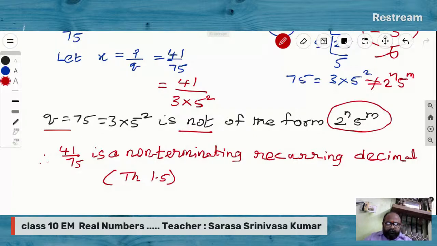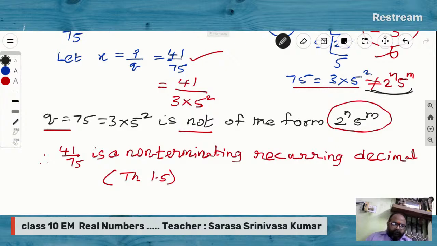Once again, I am repeating this. The given number is taken as x, that equal to 41 by 75. Now we find the prime factors for 75. We can write 75 as 3 multiplied by 5 square. This is not in the form of 2 power n 5 power m.